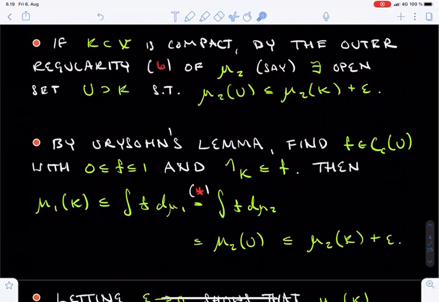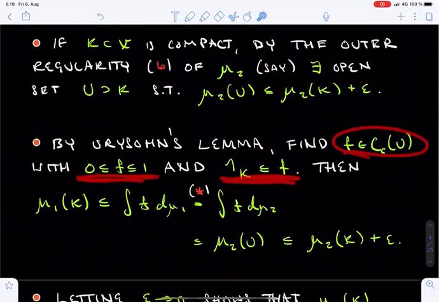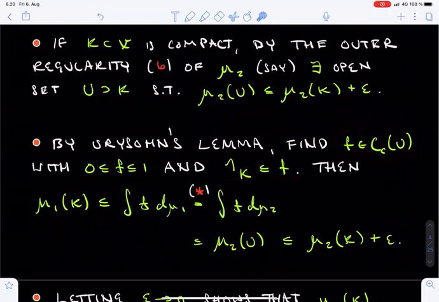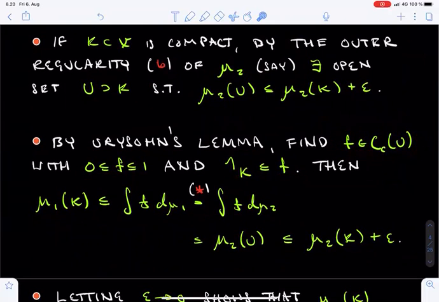Now we are in a situation where a compact set K is contained in an open set U, and we may apply Urysohn's lemma. There exists a continuous real-valued function f, which is compactly supported on U, only takes values between 0 and 1, and equals 1 on the set K. With the function f in hand, we make the following estimates.